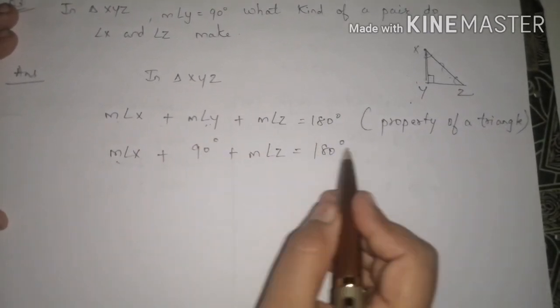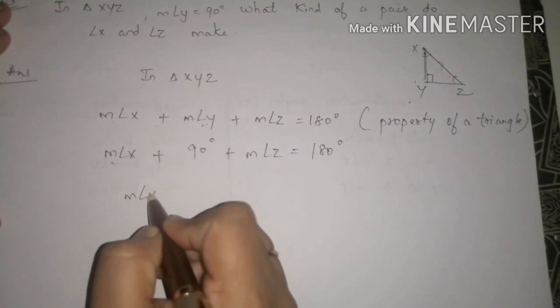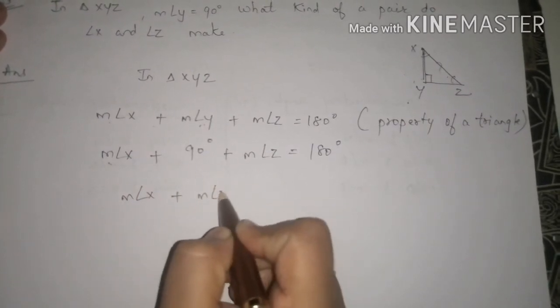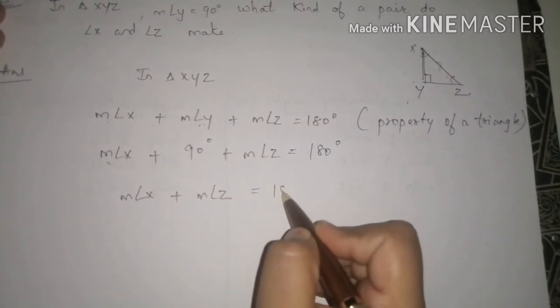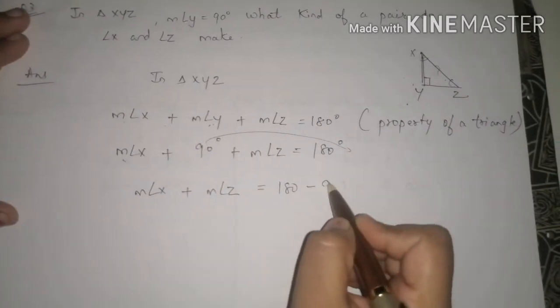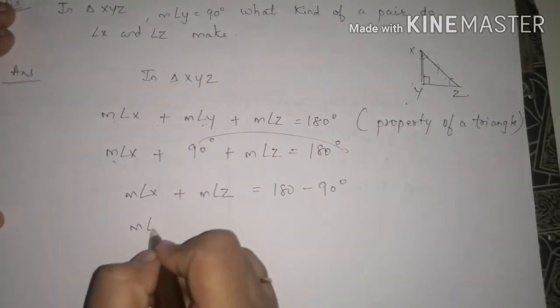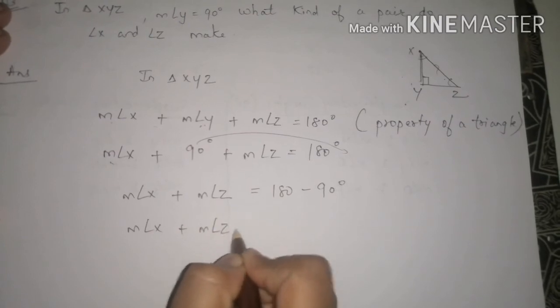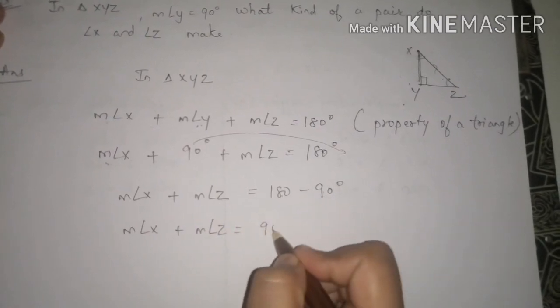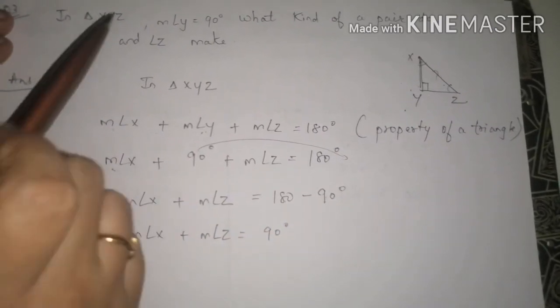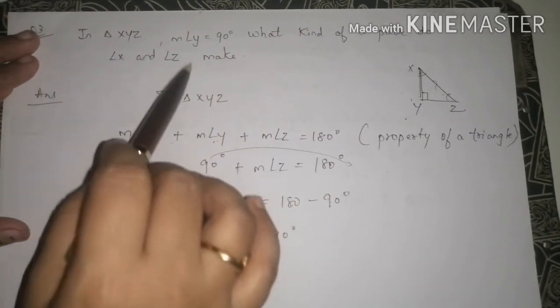Now this number we will take to that side. So measure of angle X plus measure of angle Z I'll keep as it is, equals 180. This plus 90 will go to this side and become minus 90. So measure of angle X plus measure of angle Z is equal to 180 minus 90, which gives you 90 after subtraction. They are asking what kind of pair do X and Z make.